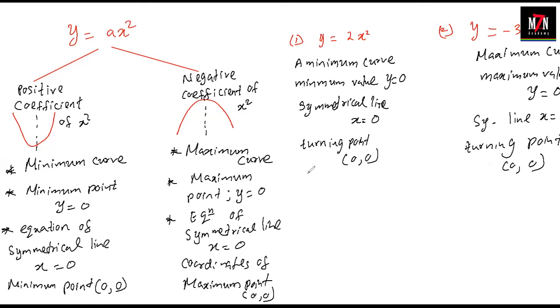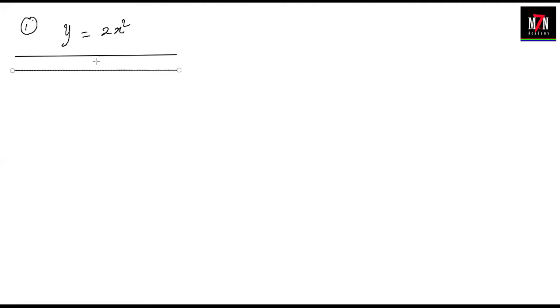So let's see how we can draw this type of graph. Sketch the curves. First one, I'll take y equals 2x squared. Before drawing the curve, we should have the values of x and y both. So we can draw a table like this.